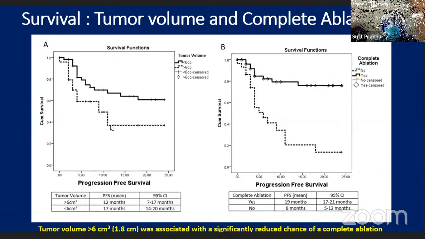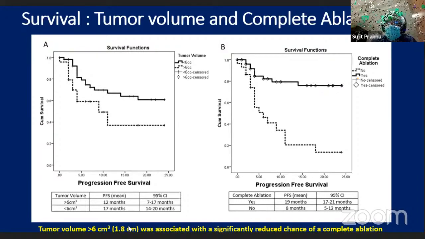When we look at tumor volumes, and we've treated large tumors, but when we looked at patients who had tumor in excess of 6 centimeters cubed in volume, you can see the size is close to 2 centimeters.